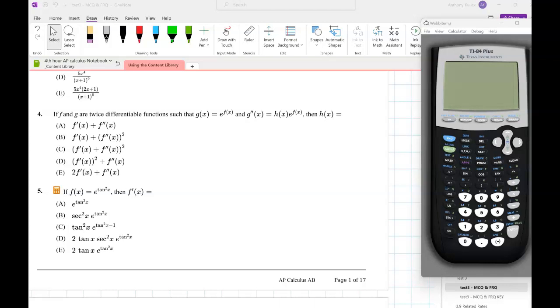Oh yeah, because you have to take that change also. Then am I saying this equal to that? Sure, you can say h of x times e to the fx is equal to that stuff, sure.